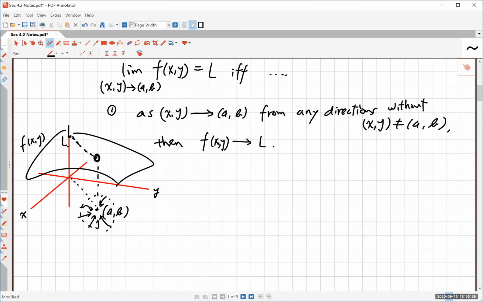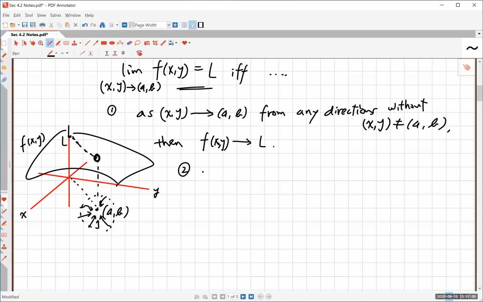Now, L is a real value, and so we don't have to worry about all directions for it, but we assume that for this to be true, as long as x, y is approaching a, b in any direction or fashion, then f of x, y approaches L. All right, here's a more precise definition.